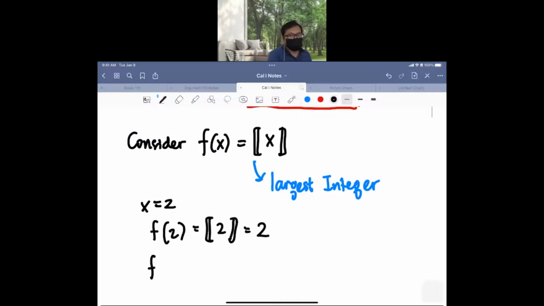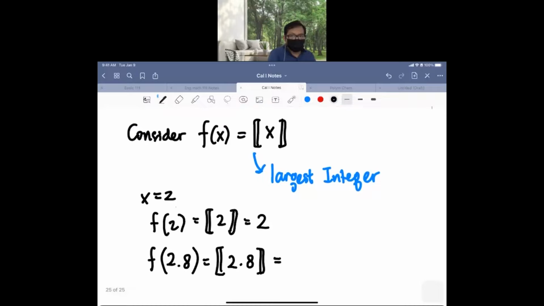If we have f of, say, 4.8, or maybe let's make it similar, 2.8, this will also give the largest integer on this part, that is 2.